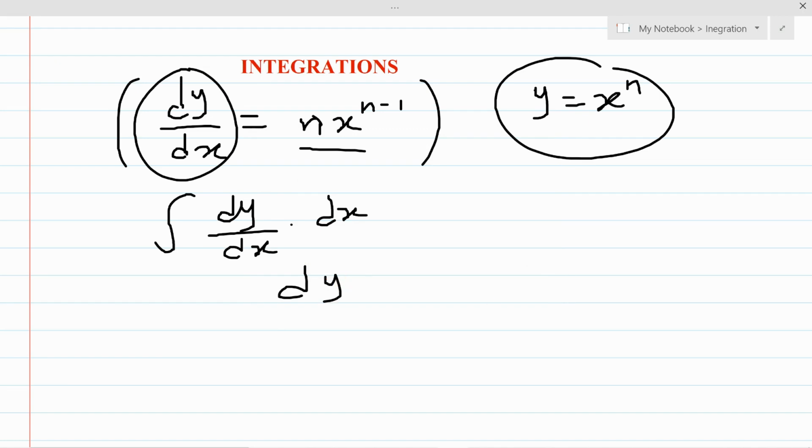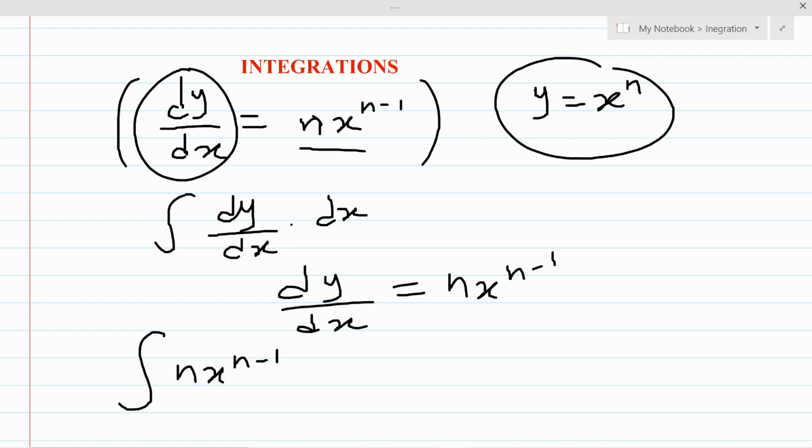This dy/dx will actually give us what? n x to the power n minus 1. Alright, so if I come and put it in the integral sign, I get something like n x to the power n minus 1 dx. So now we want to make sure that after everything we get this parent function back.